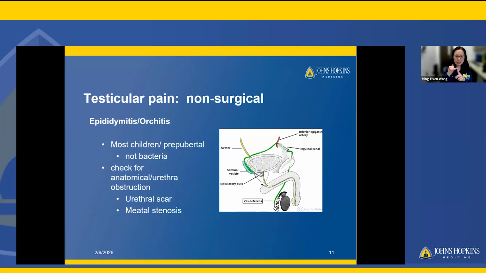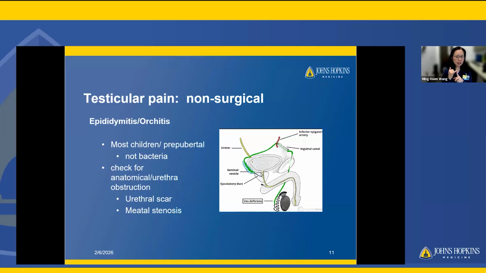If you take a look, rather than that nice slit-like opening when they urinate, it looks more like a pinpoint. If you ask the parents to watch how they're urinating over the next few days, it will look like someone put their finger over the hose in your backyard. It's going to spray all over the place. If that's the case, then you know that this is probably the problem.